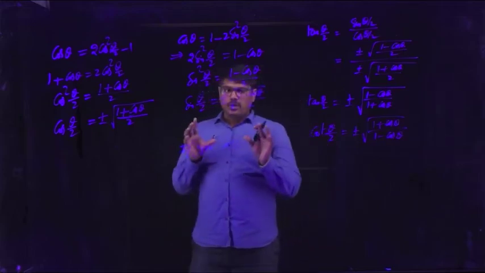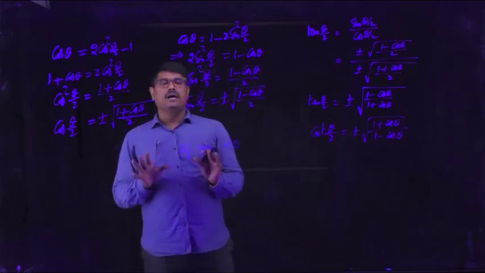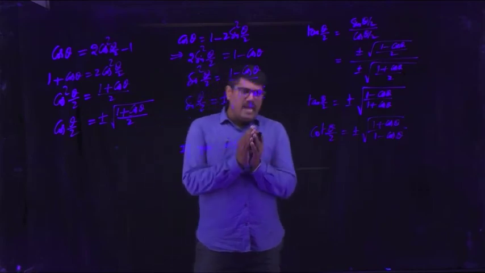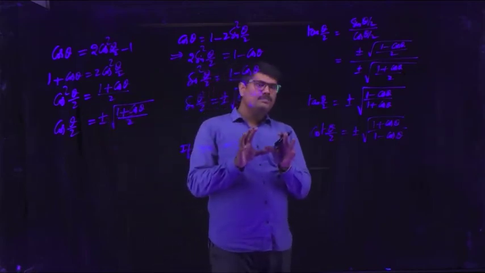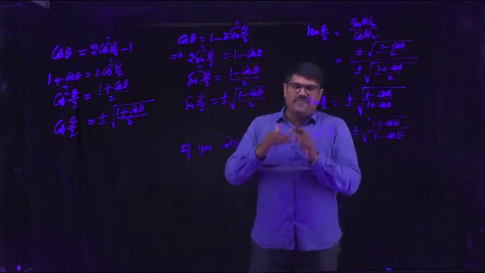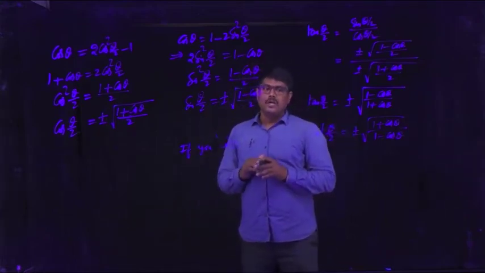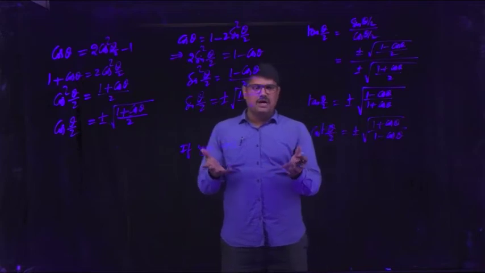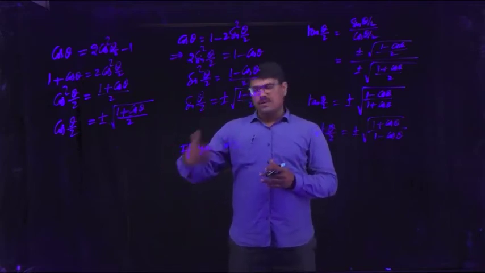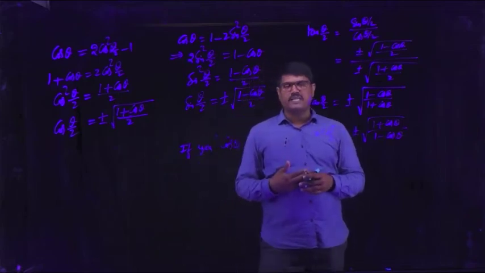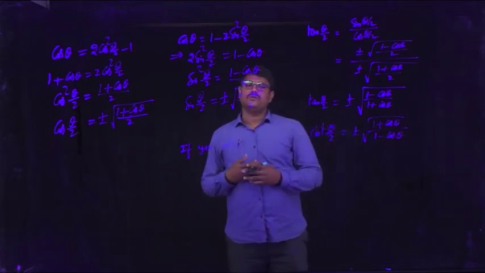That means you have to get an idea. If you know any angle theta, by using these formulas, you are able to find its half angle. If you know 30 degrees, we all know the value of 30 degrees for all trigonometric ratios. What is the value of cos 30? Which is root 3 by 2.